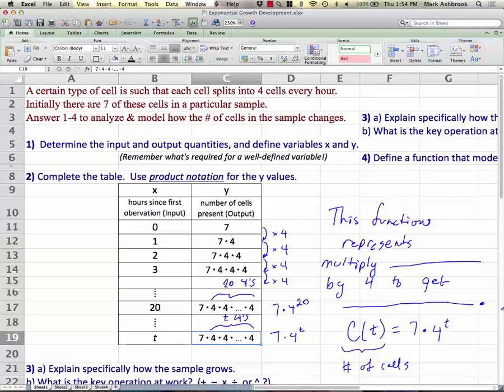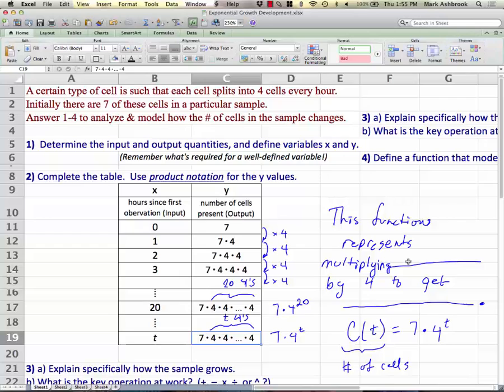Anybody say no? How about Maddie? The function represents multiplying the number of cells by 4 to get like the final number of cells. Okay, so it represents multiplying a number of cells by 4 to get the final? Is there a final number of cells?